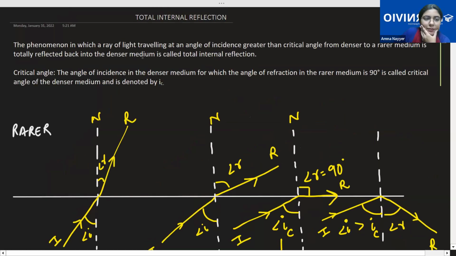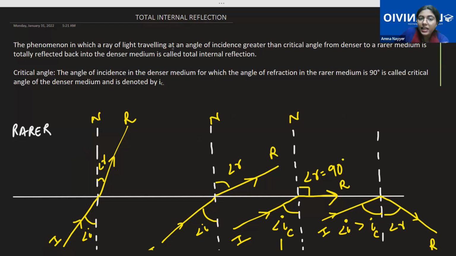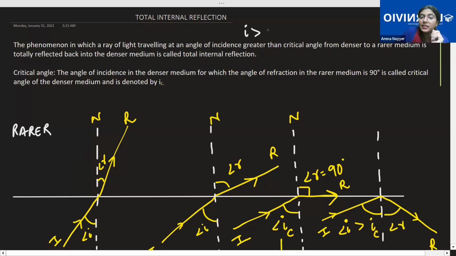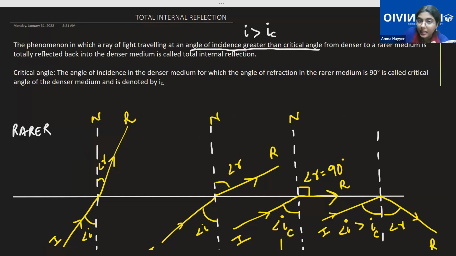Now see, let's read the statement. The phenomenon in which a ray of light traveling at an angle of incidence greater than the critical angle. Okay, this is a condition, that's why this is important. Greater than the critical angle, this is the first condition for TIR to occur.